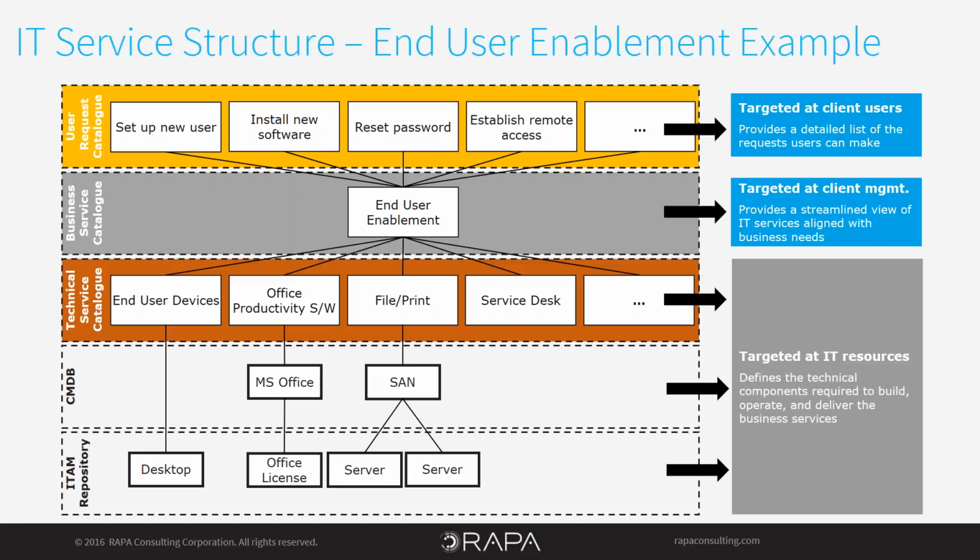Maybe my IT organization doesn't handle the end user devices. We've outsourced that to an organization, but it's still part of our end user enablement service. And to our client or our end users, it should be transparent whether it comes from us internally or an outsourced capability. Yeah, those technical services is creeping into the whole technical side of things.